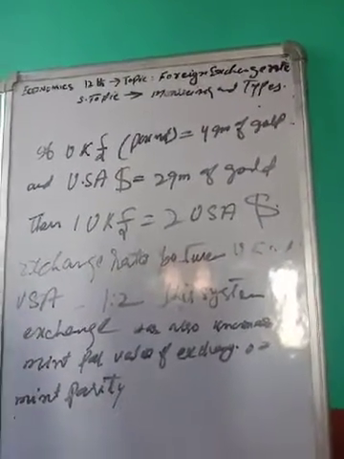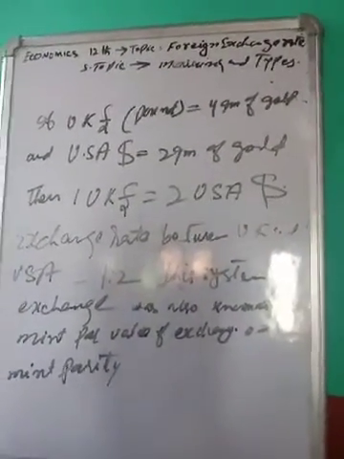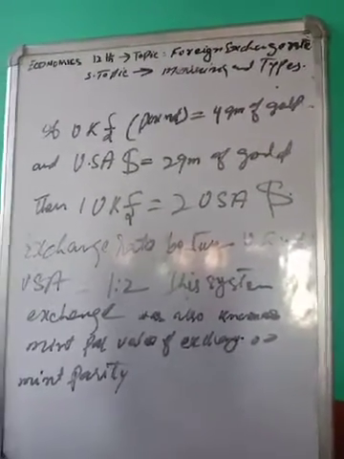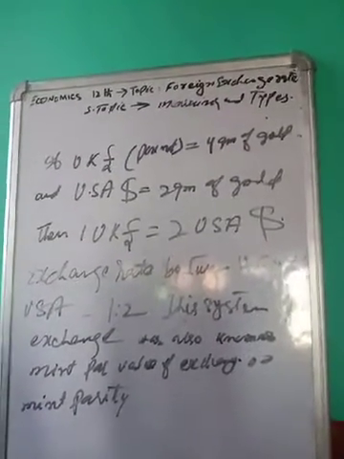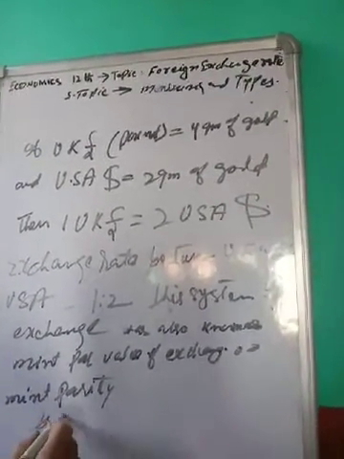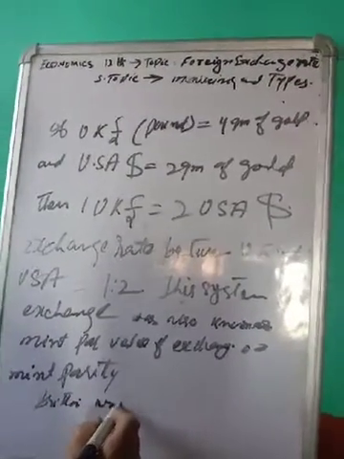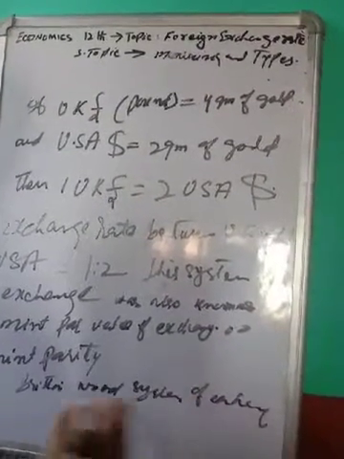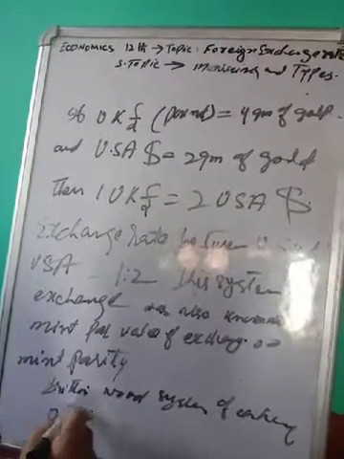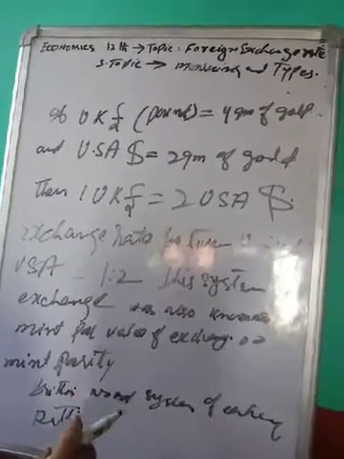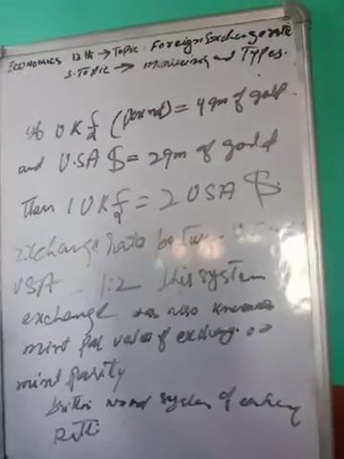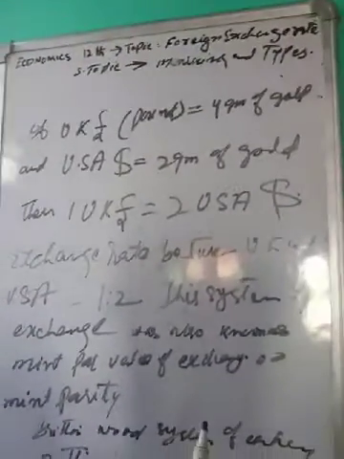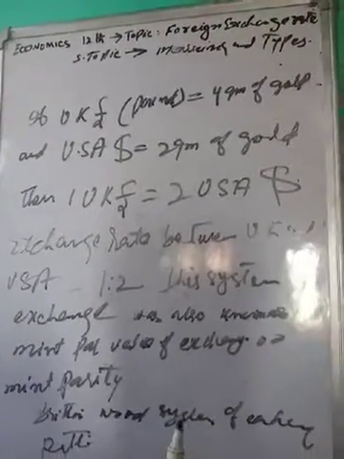Now the second type is the Bretton Woods system of exchange rate. Even though it was a fixed system of exchange rate, it allowed some adjustments, so it was also called the adjustable pegged system of exchange rate.